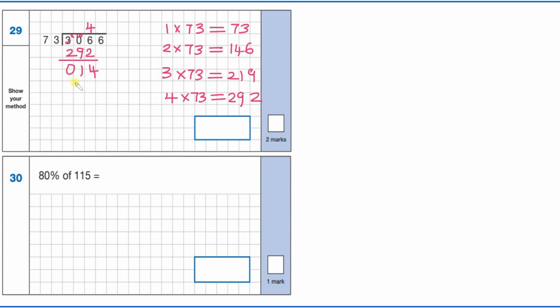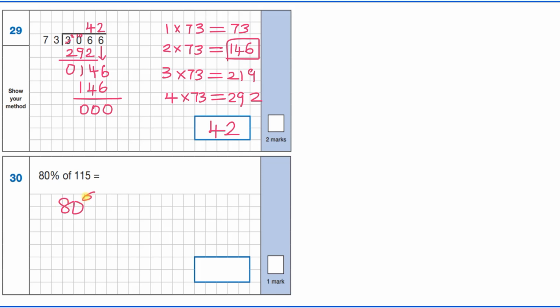So 14 remainder. So I'm going to drop the 6 next to it. 146. We already found the 146 is 2 times. So place the 2, times is 146, the correct answer. There is no remainder. So the answer for the question is 42.